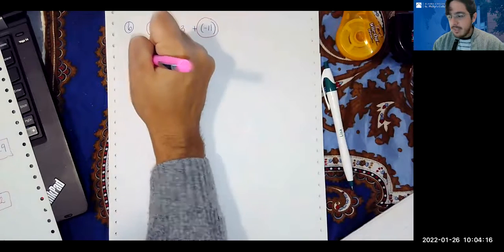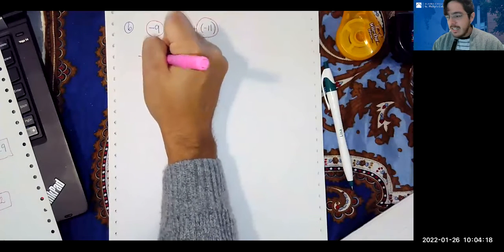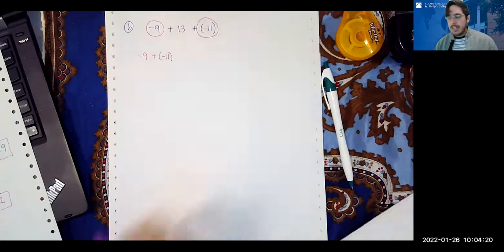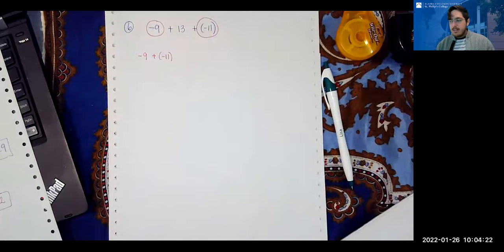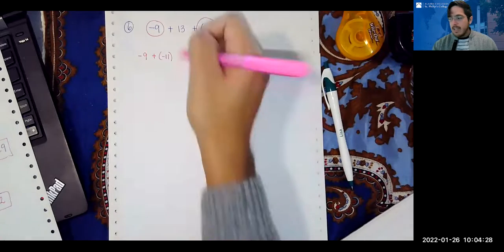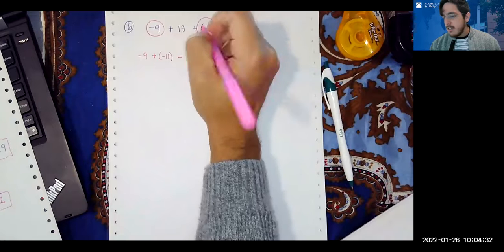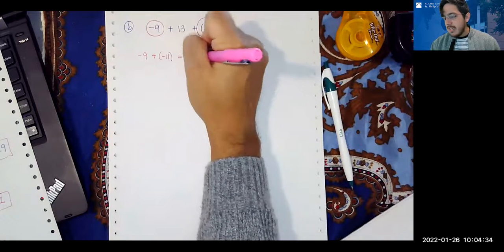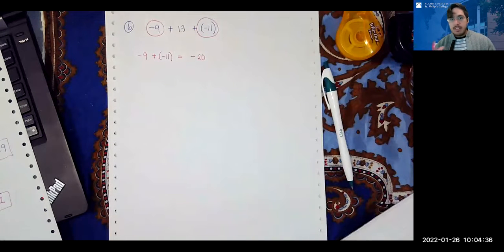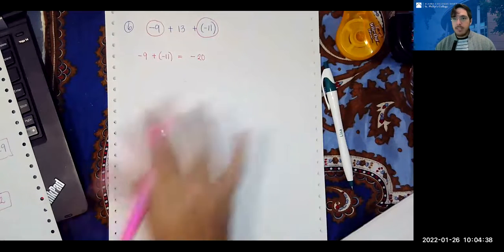If I'm going to take -9 and add that to -11, what should I get? -20. Yeah, because we're just adding the numbers, keeping the common sign. So that should be 20 and a negative. Is anybody confused as to why we should get -20?